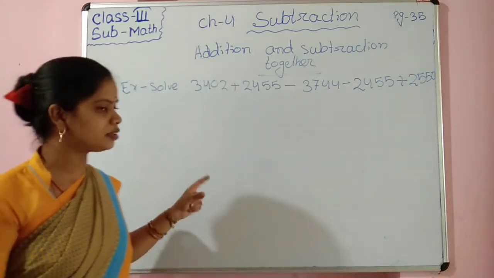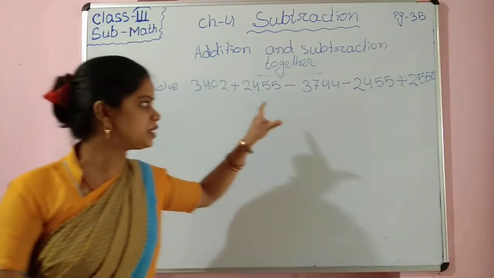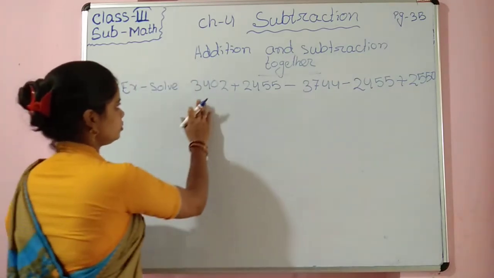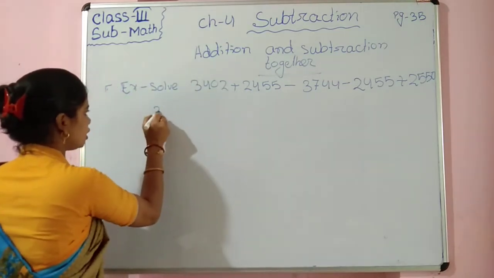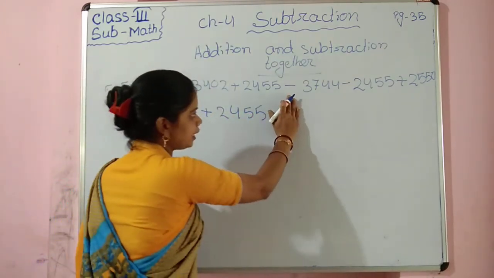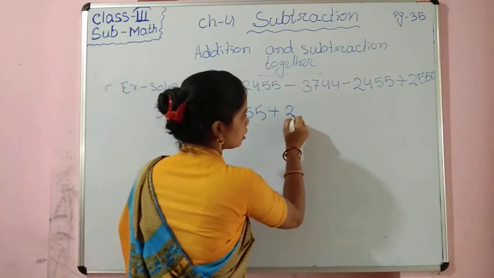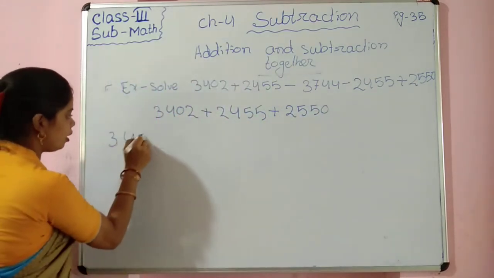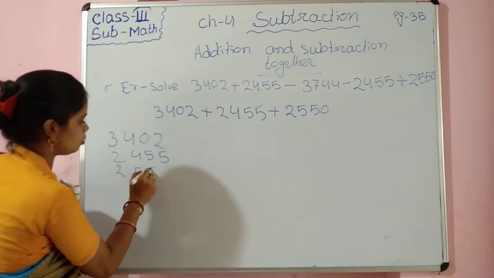First we add the positive integers, the positive sign numbers. Here are the positive numbers: 3402 plus 2445 plus 2550. 2455 is negative, so we leave it. First we add these three numbers.